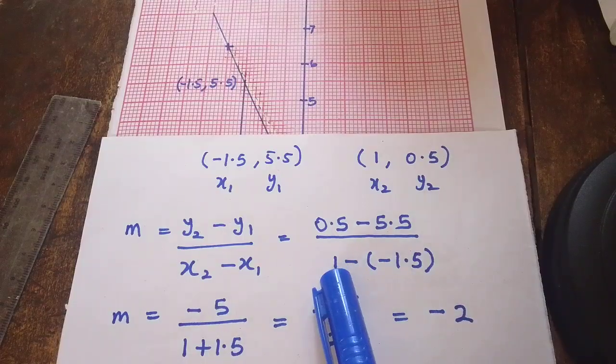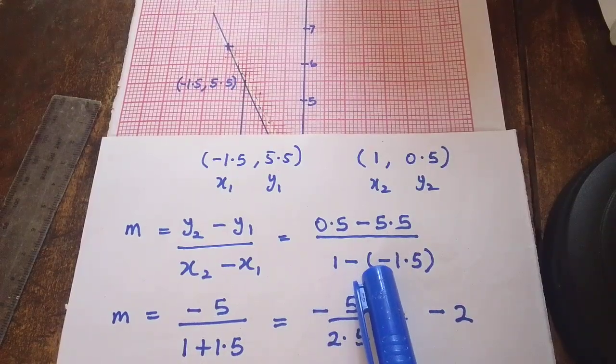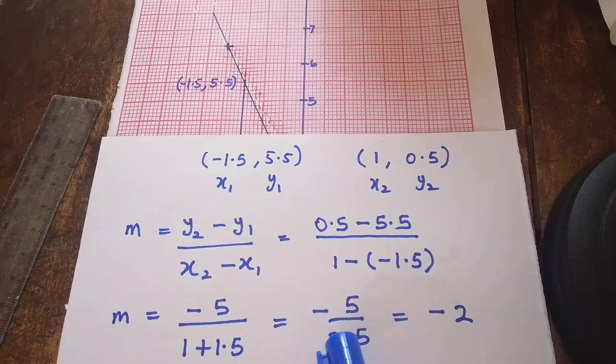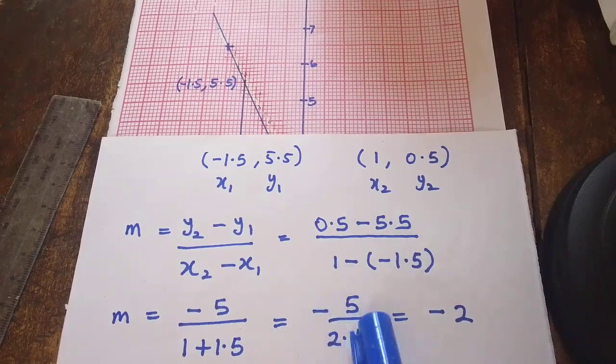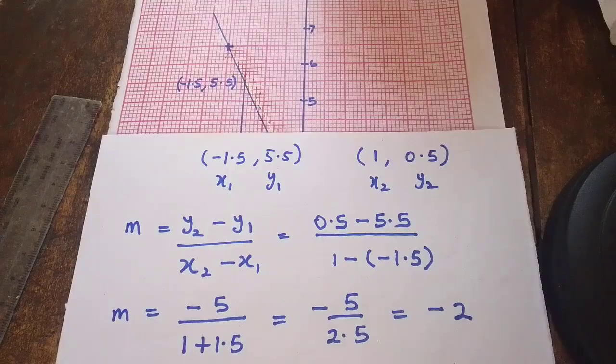Then minus times minus is plus. 1 plus 1.5 is 2.5. So minus 5 divided by 2.5 will give us minus 2. So the gradient of the line is minus 2.